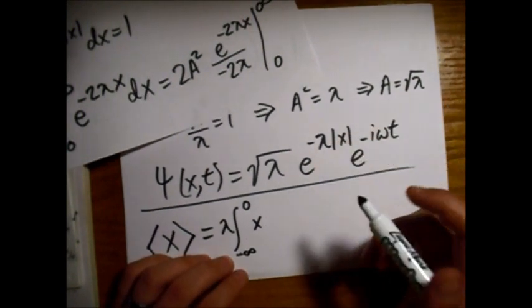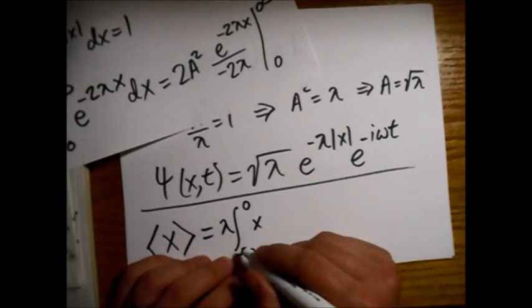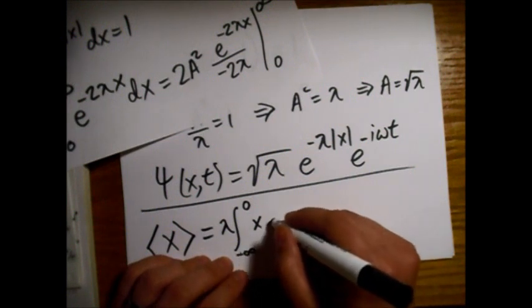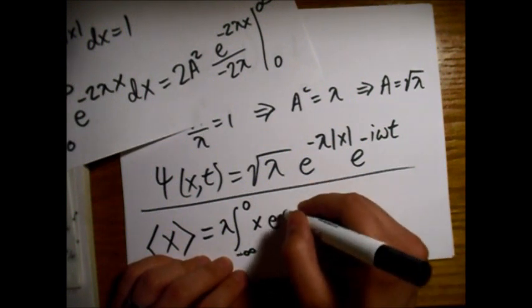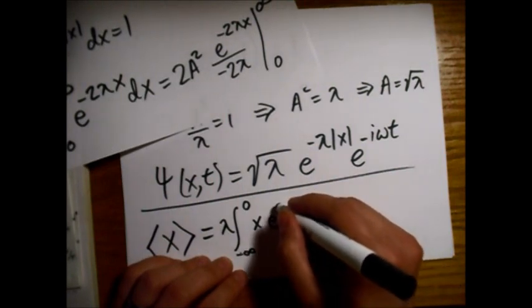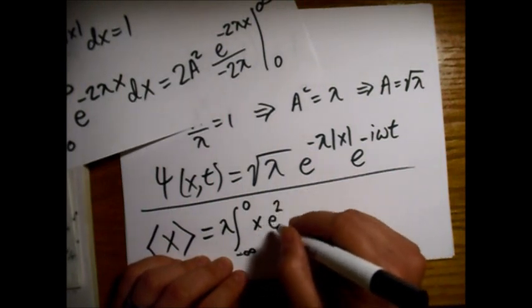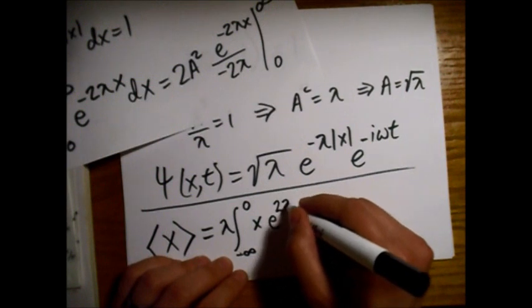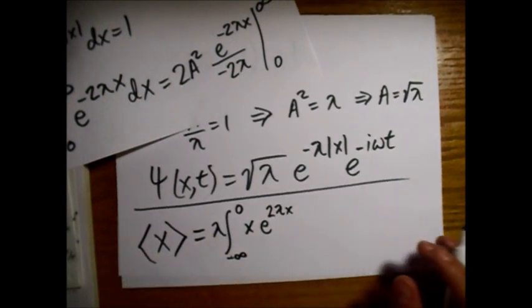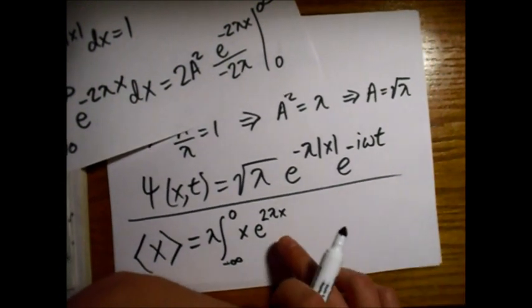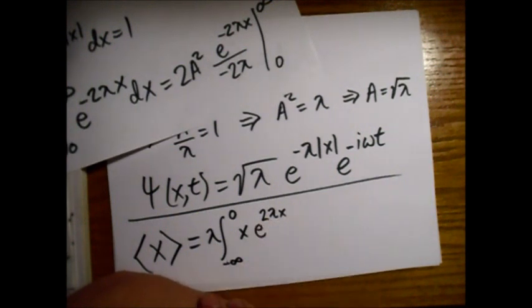Phase factors drop out again, and so for negative, we're going to go ahead and make this e to the positive 2 lambda x. So basically, that's how we're handling the absolute value.